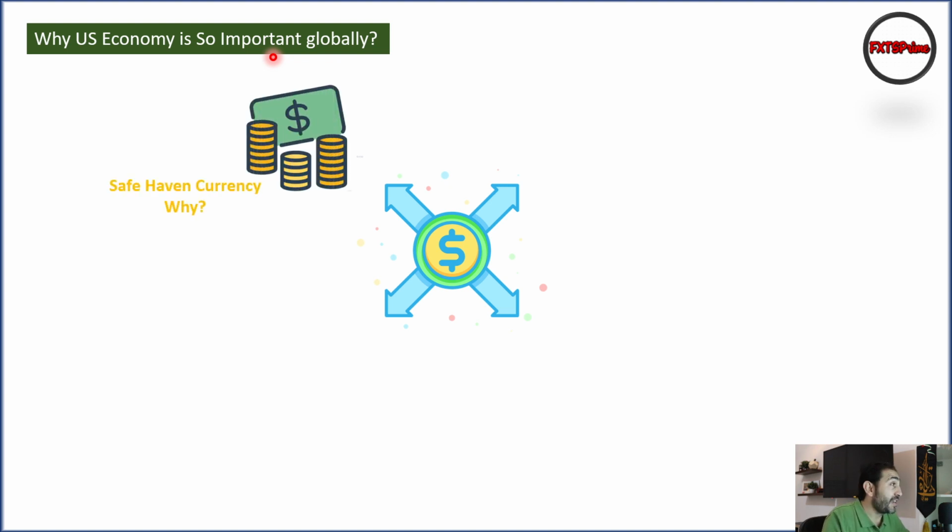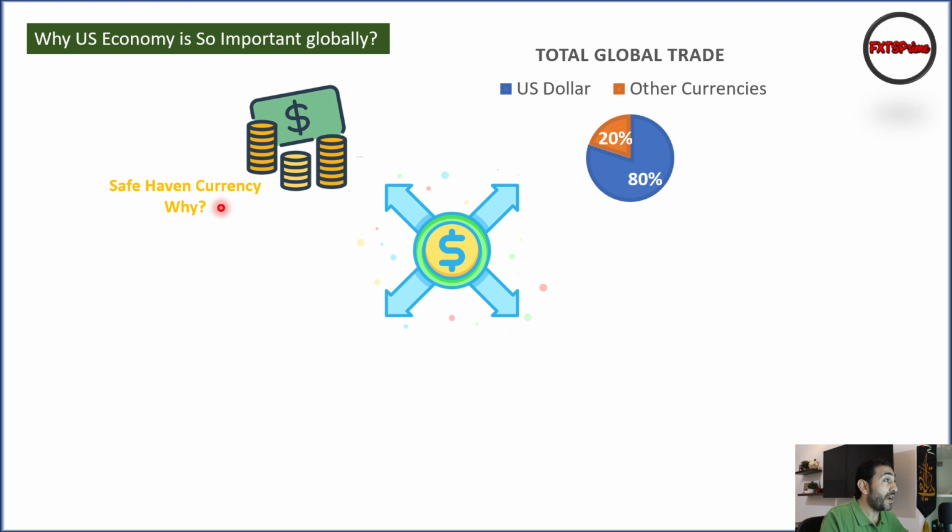The first thing you have to understand is that the US dollar is the safe haven currency. And why is that? Because the US dollar is 80% of the total global trade. So what does it mean?